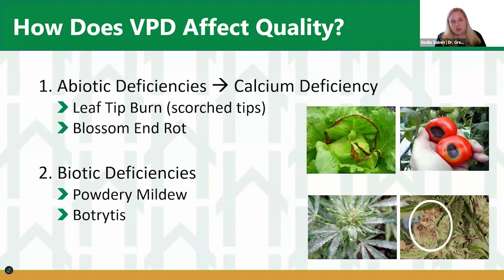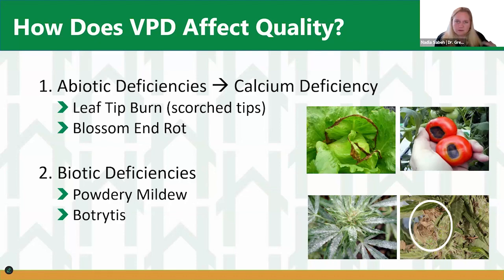And so you could have an accumulation of calcium in certain parts of the plant and a lack of calcium in other, usually younger parts of the crop. So, calcium deficiency is one of the first signs that something is wrong with evapotranspiration that might be mitigated through better VPD control. The other deficiencies are biotic deficiencies.